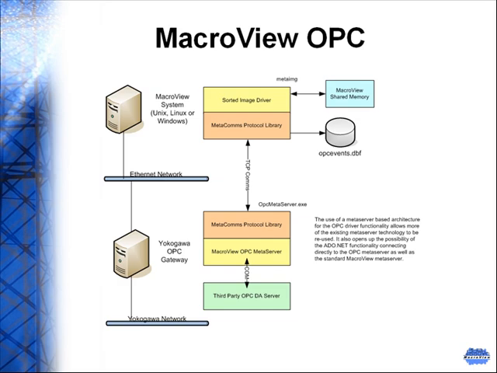The MacroView system could be Unix, Linux, or Windows. It could be on the same box in the case of a Windows machine, but it has to be on a separate box for a Unix or Linux machine. There is the potential to use virtual machine technology such as VMware to make it co-reside, but that's probably a bit too complex in terms of setup and deployment.